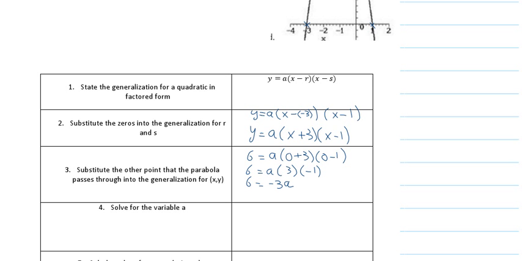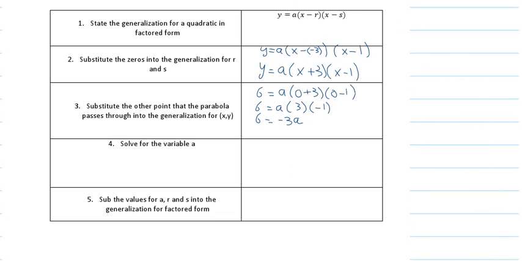Okay? And then how do you isolate for a? What do you do? Divide both sides by negative 3. So what's my a then? 6 divided by negative 3 is? Negative 2.